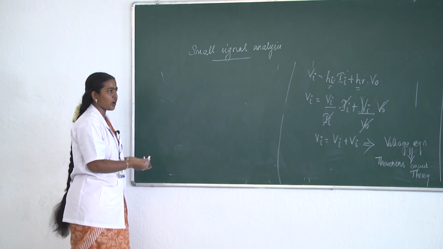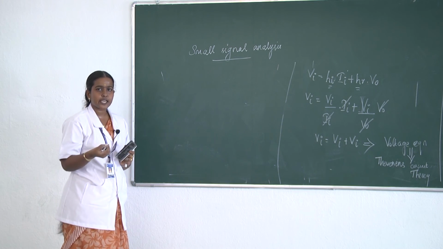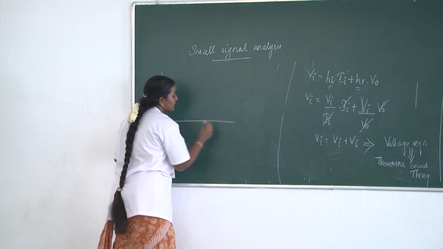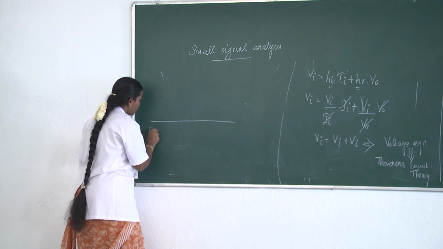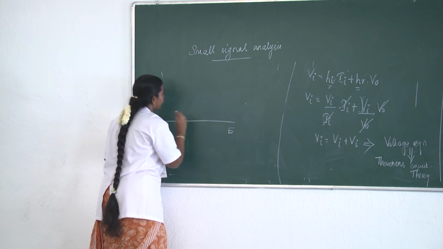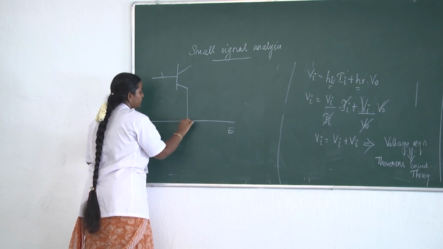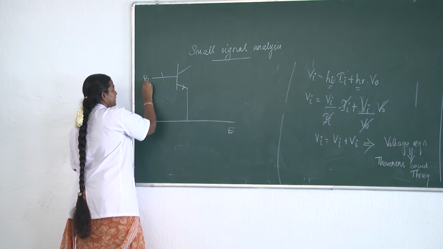So first let me draw a basic diagram of a CE configuration transistor. So we know that for a CE configuration, emitter is common. So we can draw like this, and next, the input will be applied between the base and the emitter.